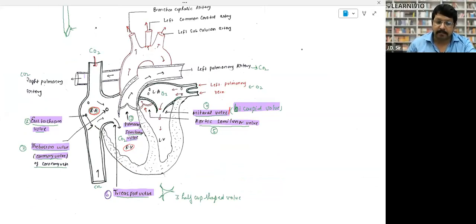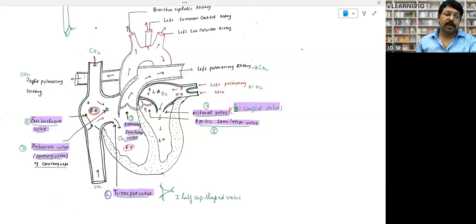In the right atrium, blood comes. The superior vena cava does not have any valve, right? Because it drops obliquely. But between the inferior vena cava and the right atrium, there is a valve called the Eustachian valve. First valve is the Eustachian valve. Please note down. Eustachian valve, spelling is written over here.